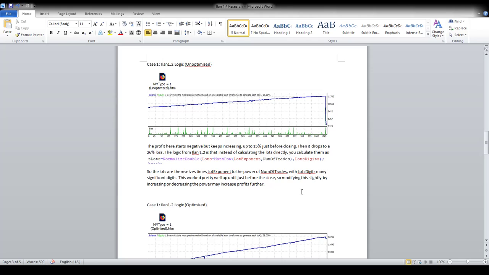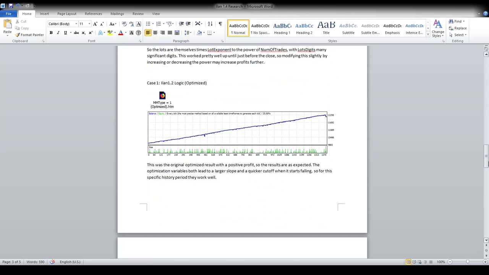So just in terms of profits, going with the formula of lots times MathPow lot exponent, number of trades, to lots digits seems to be giving a better profit before closing. So manipulating the time of closing might help. Now, when it is optimized, it closes successfully at a higher profit. Around the 22% profit in this case.